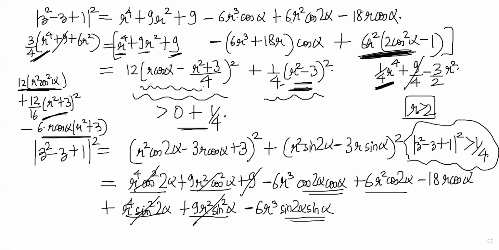So this is greater than equal to 0 because it's a perfect square, and this part is greater than equal to 1 by 4. Right? So we are basically doing some algebra and simplifying it as a sum of two perfect squares.